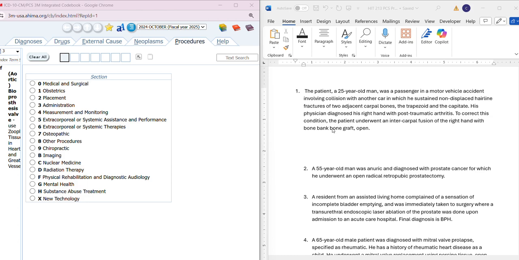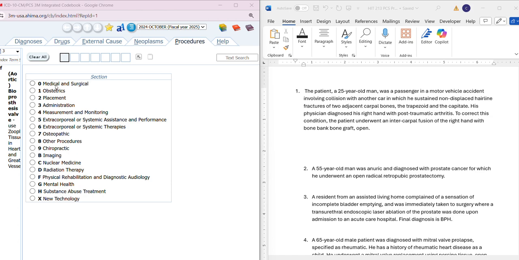He ended up getting fractures in two adjacent carpal bones, and he was then diagnosed with post-traumatic arthritis in his right hand. To correct this condition, he underwent an intercarpal fusion of the right hand with bone graft, and this was done using an open approach.